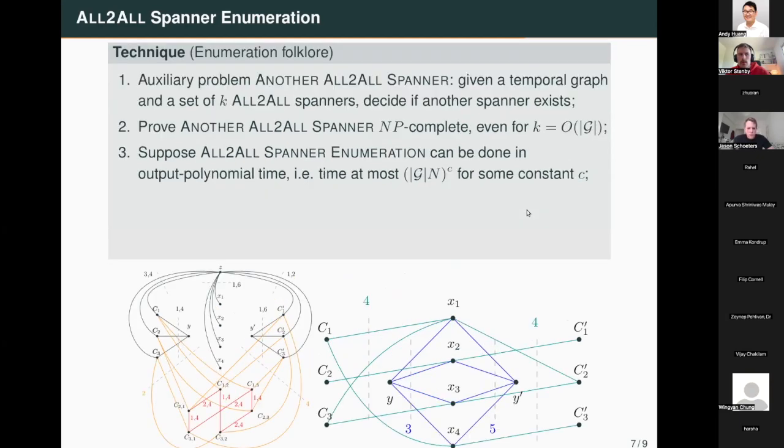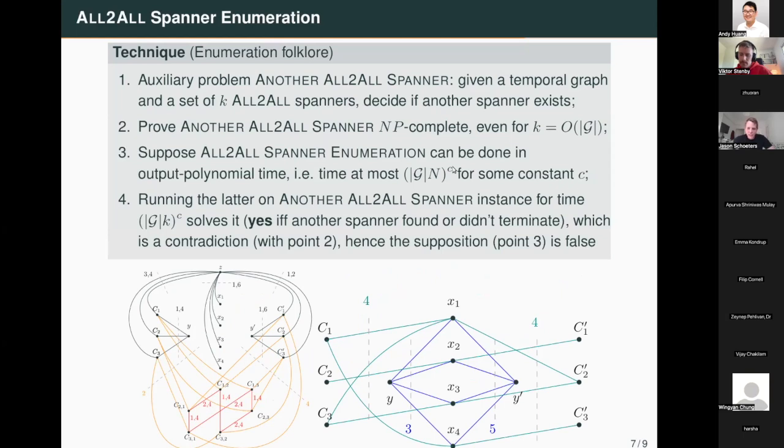Because afterwards we have step 3, which is we suppose we can actually enumerate all spanners in output polynomial time. And so that means that you can do it in this amount of time. So this is sort of a fine-grained complexity. You see that there's no big O. You have to kind of work with the actual running time.